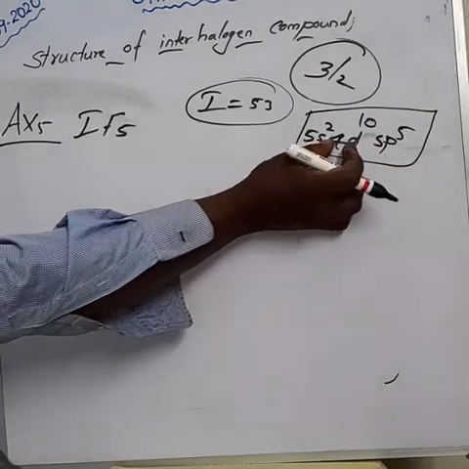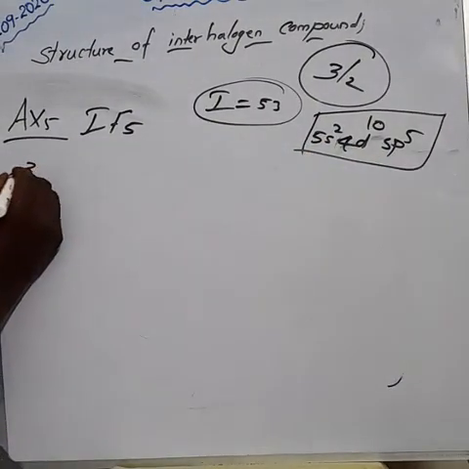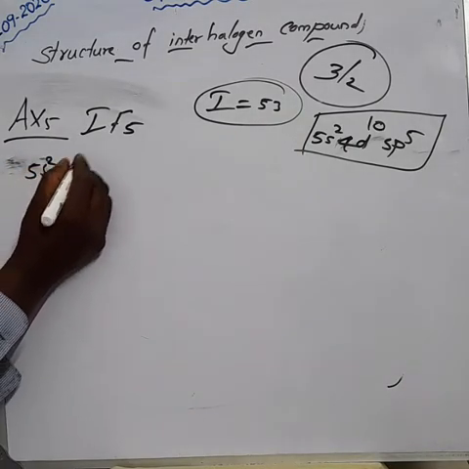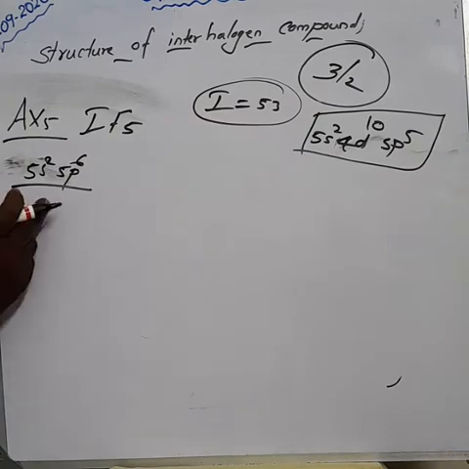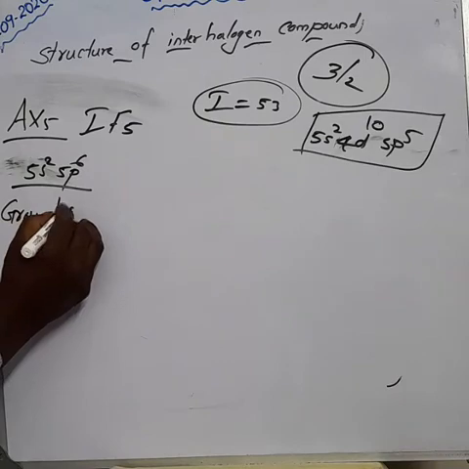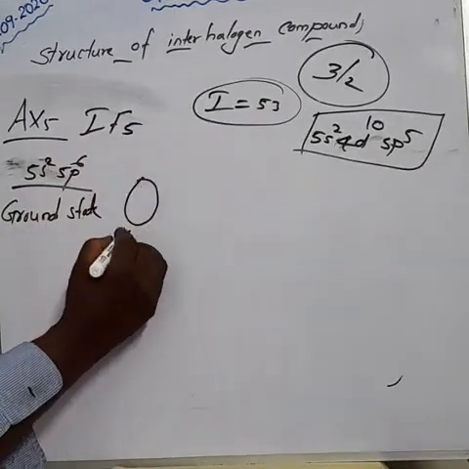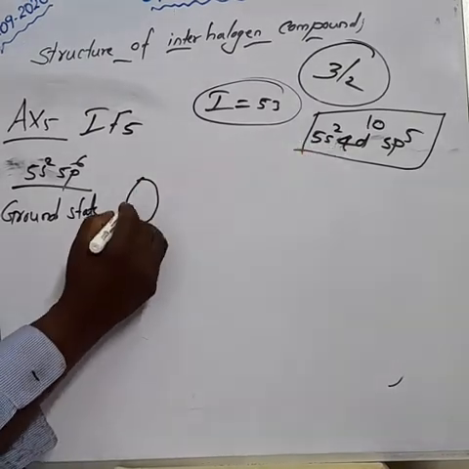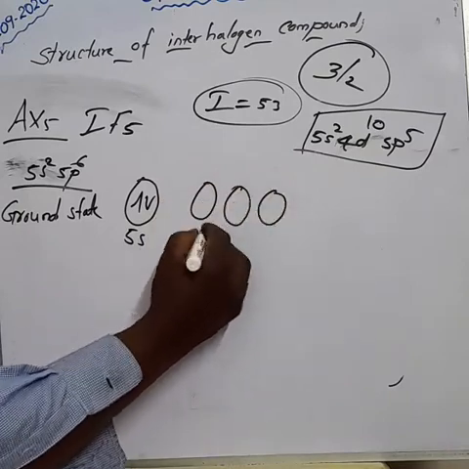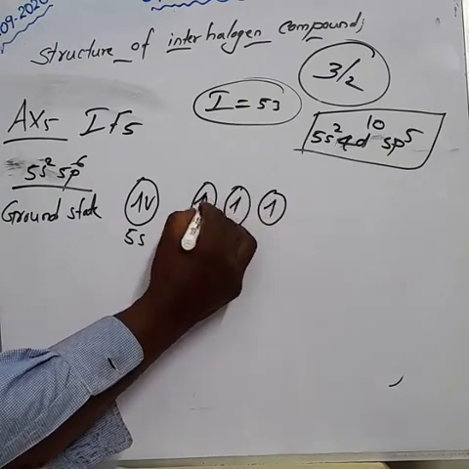We are leaving the d subshell and we are taking s and p. So we get 5s2 5p5. Okay, so first we are taking 5s, the ground state iodine, that is 5s has 2 electrons, and 5p has 5 electrons, 1 2 3 4 5.